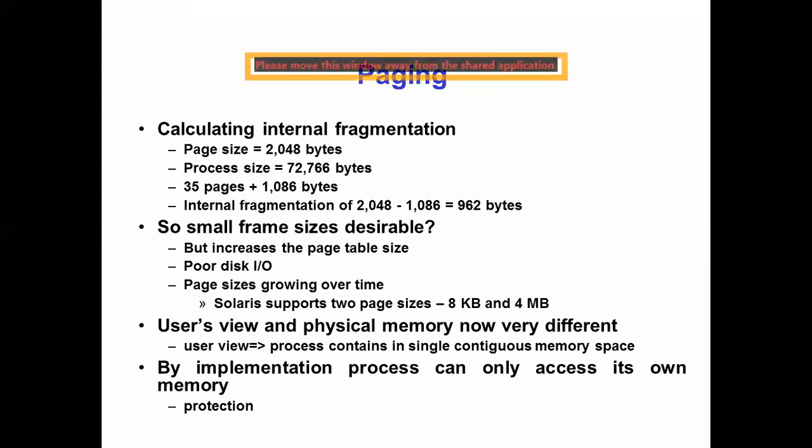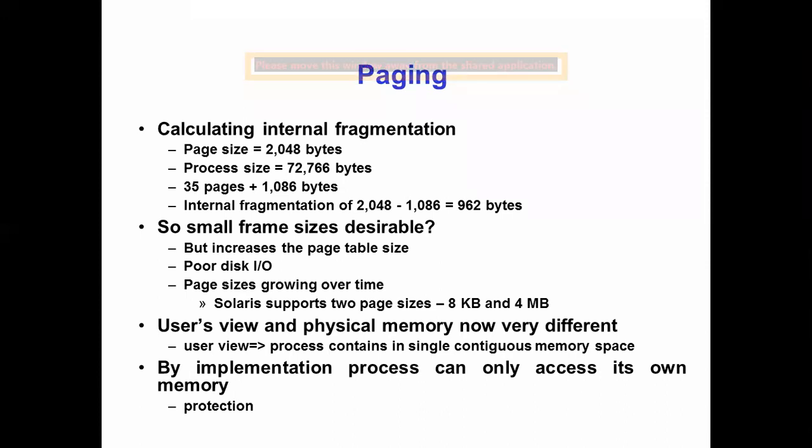It will depend on the machine and on the operating system. So the wastage of the memory will vary as per the machine and the type of operating system you are using. But the user will always feel that our program or process is contained in a single contiguous memory space.